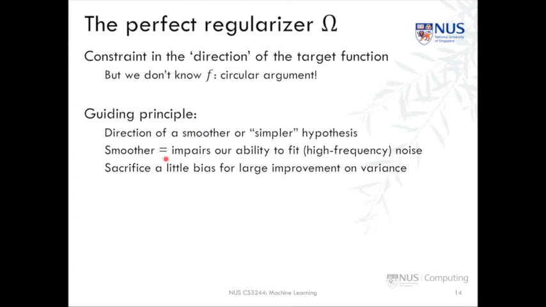It impairs our ability to fit high-frequency variance or noise that can come from either stochastic noise, that means actual noise in measurement, or deterministic noise, meaning problems with the representation as sampled by the data set. And we're going to sacrifice a little bit of the representation cost that we're cutting away from our hypothesis space for a large improvement on the variance. That's the whole idea of regularization.